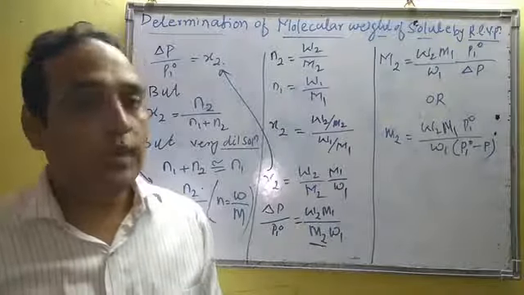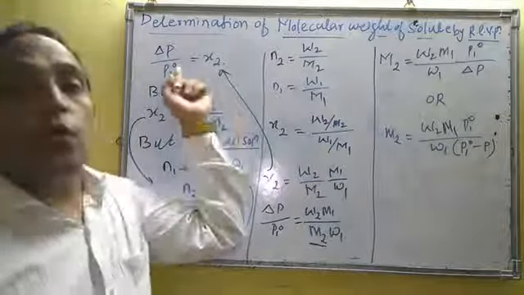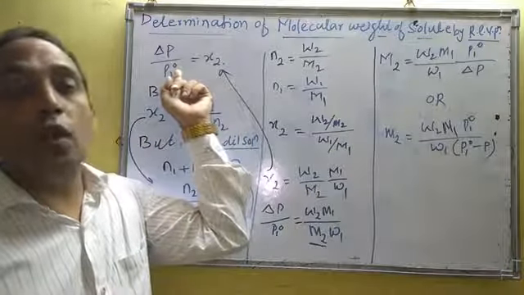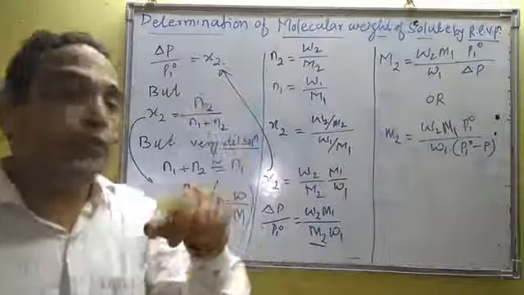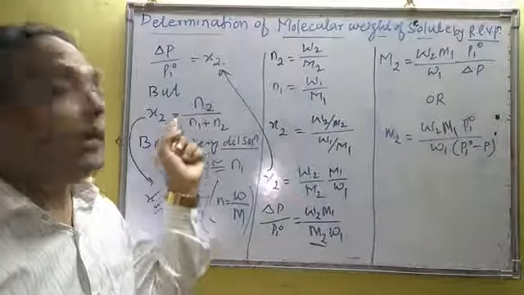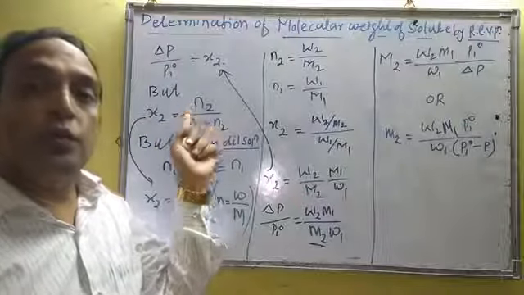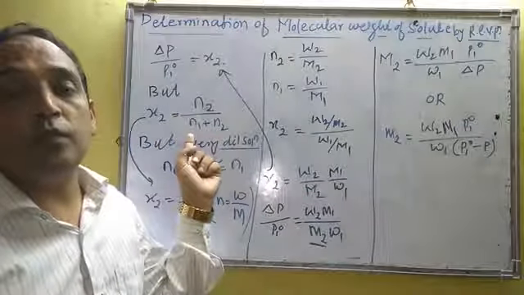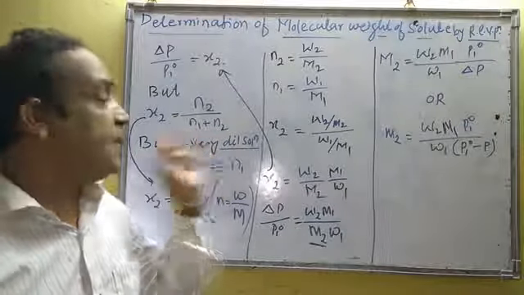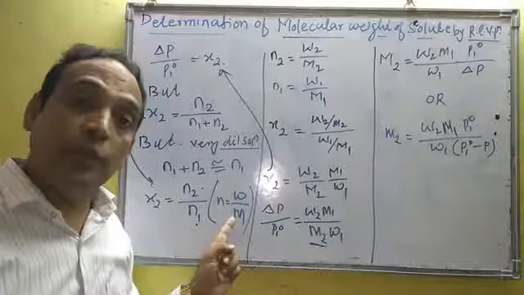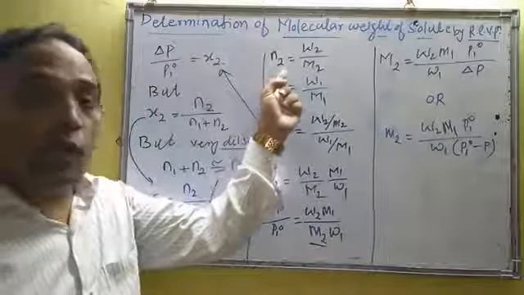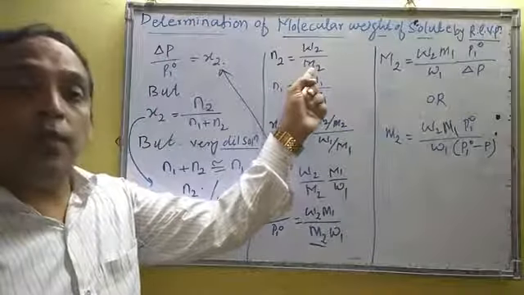Once again, what is Raoult's law? The relative lowering in vapor pressure of a dilute solution is equal to the mole fraction of solute. And what is mole fraction of solute? Number of moles of solute to the total number of moles of solute and solvent present in the solution. What is number of moles? Weight upon molecular weight. Number of moles of solute, weight of solute upon molecular weight of solute.